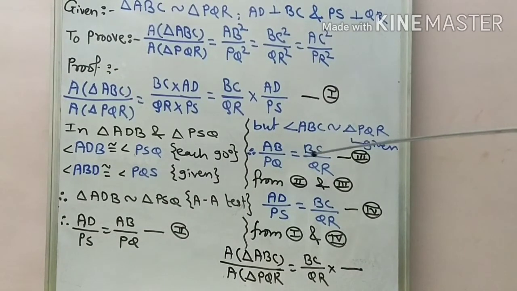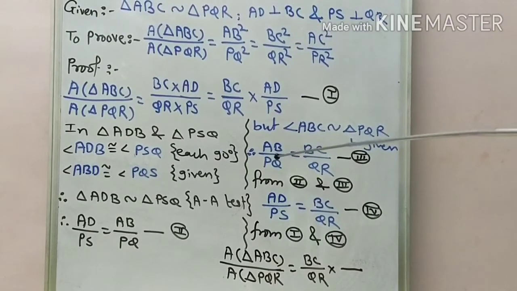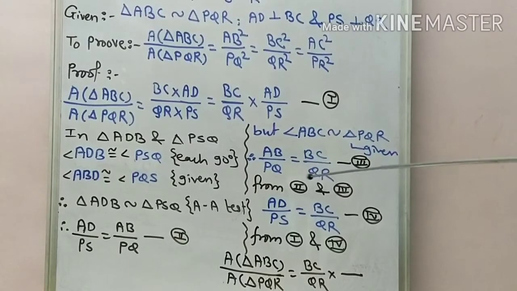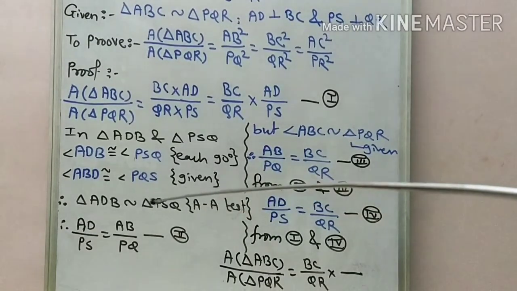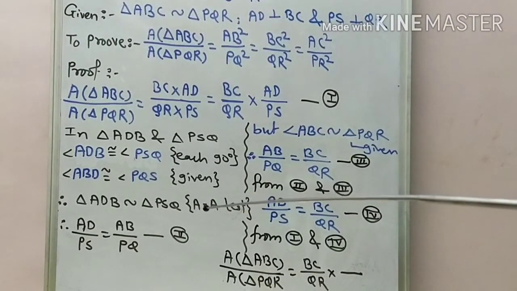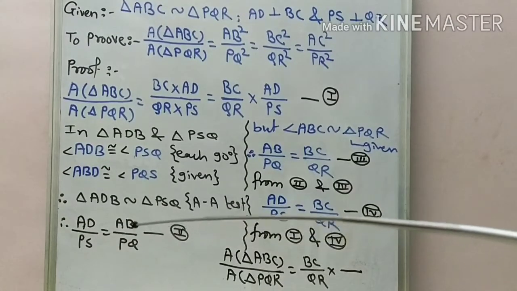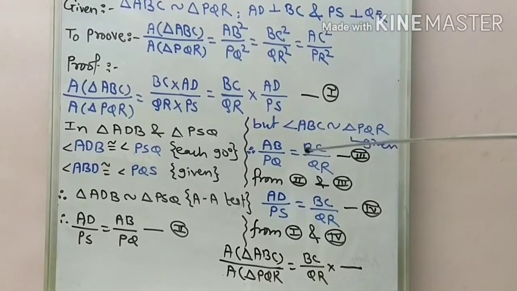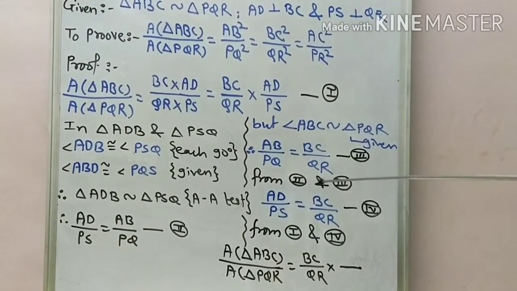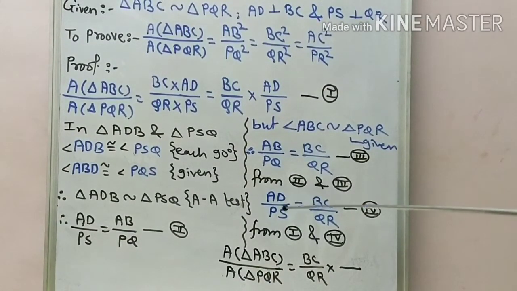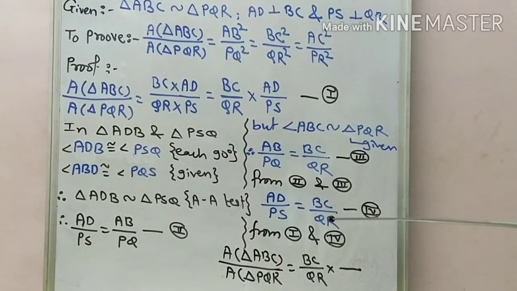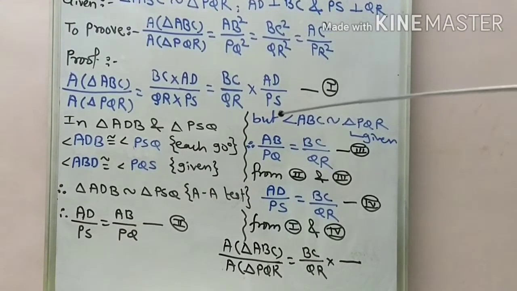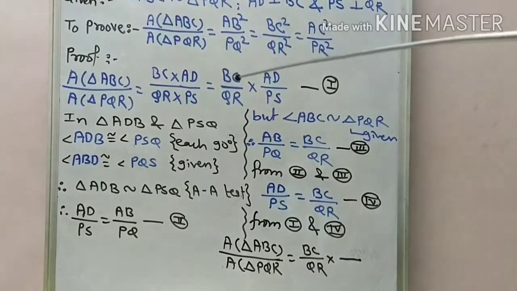So corresponding sides are in proportion, and we can write AB upon PQ equals BC upon QR. So as we proved these two triangles similar by a test, we get AD upon PS equal to AB upon PQ, and AB upon PQ equal to BC upon QR. So from 2 and 3 we write AD upon PS equals BC upon QR. Here we have proved that the ratio AD upon PS is equal to BC upon QR.